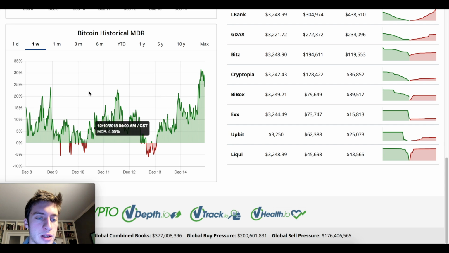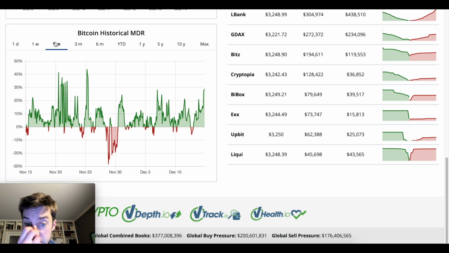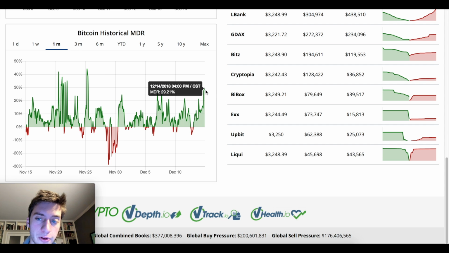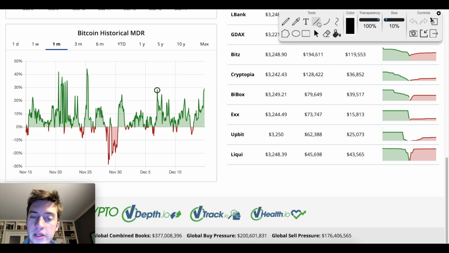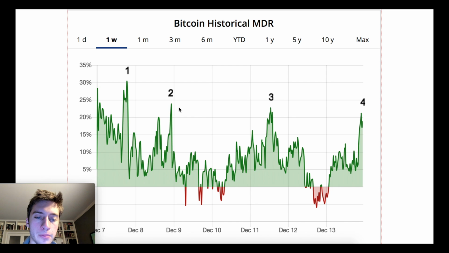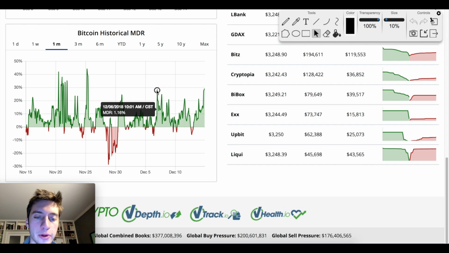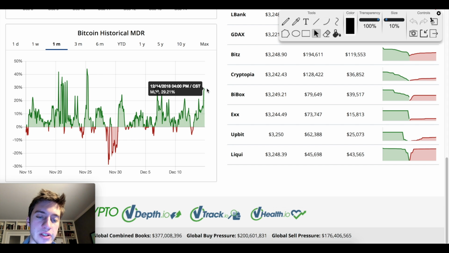Yeah, so MDR in the last week just went up to 30%, which is at about the same level as that one there that I had circled right there. And that circled point was point number 1 here. And right now, we can currently see we're at about 30% MDR.